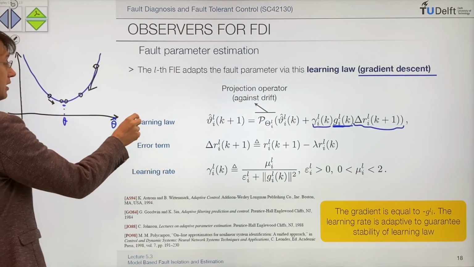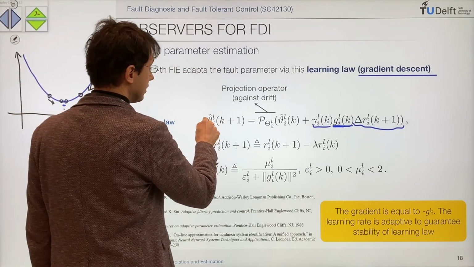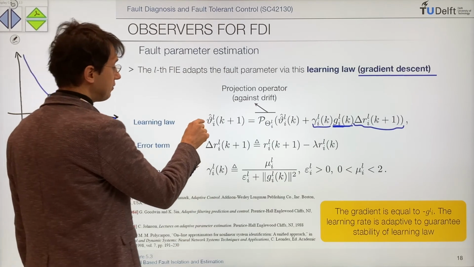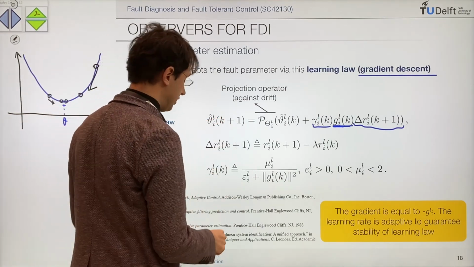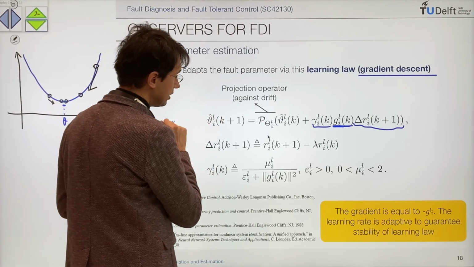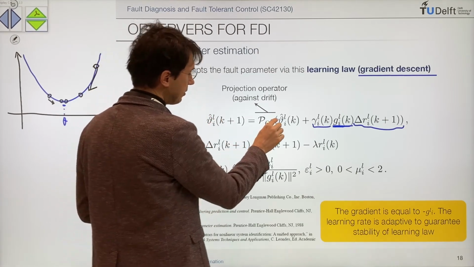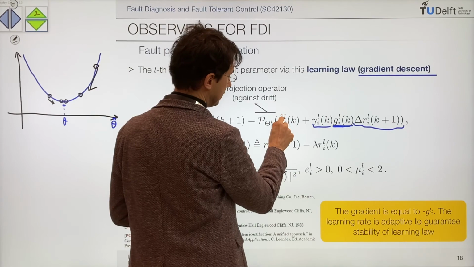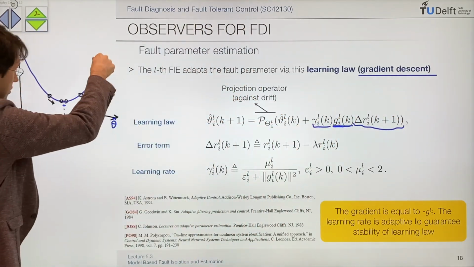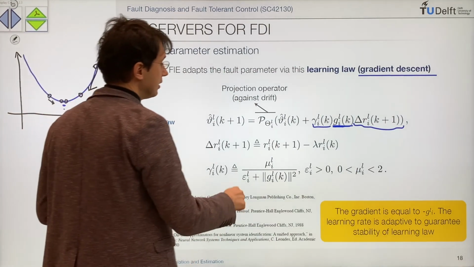And indeed, the learning law is defined as steps. It is a difference equation as well over time. So we have that the new estimate of theta at time k plus 1 is a step starting from the previous value of theta at time k plus this correction term going down the gradient.